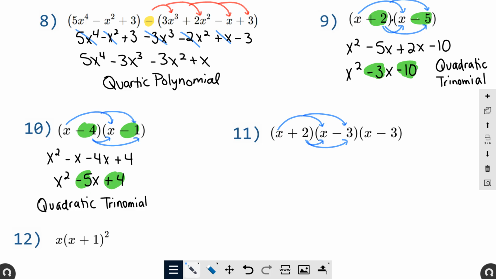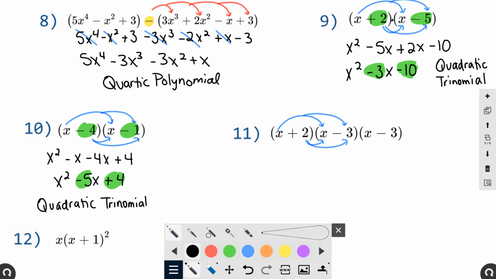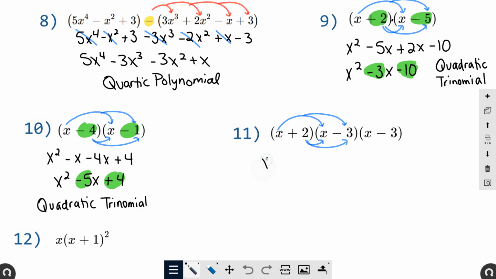Now, if you want to use that shortcut, you go ahead and use the shortcut. If not, I'm going to multiply them out separately anyway. So distribute the x. X squared minus 3x. Then distribute the 2. So it's plus 2x minus 6. Combine up those like terms, we get x squared minus x minus 6.